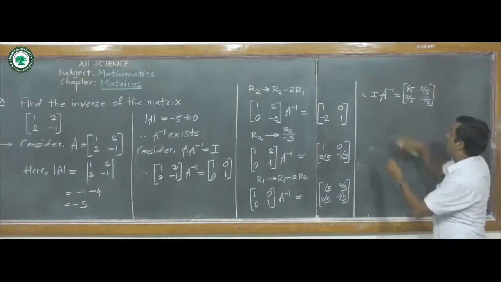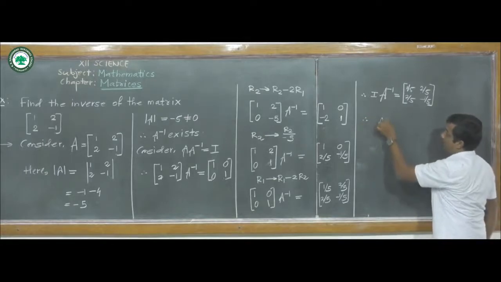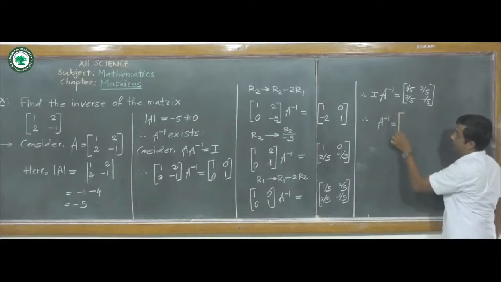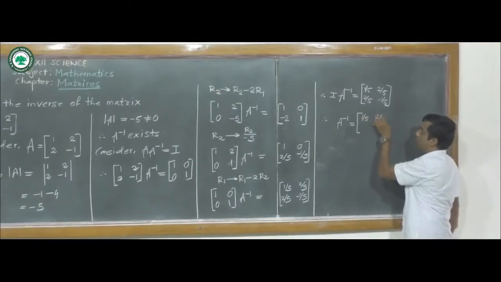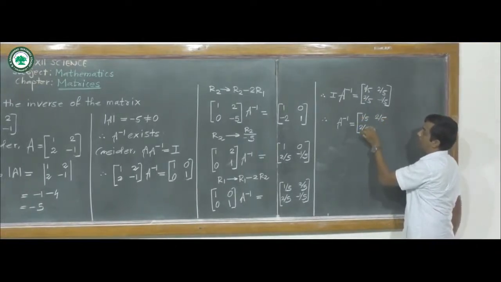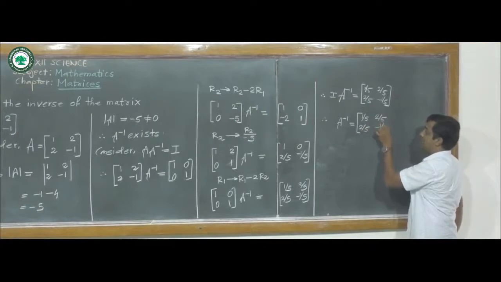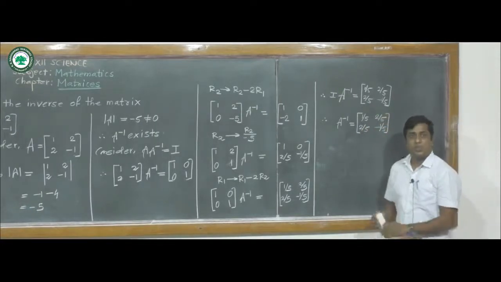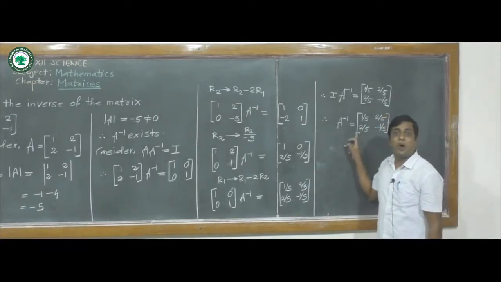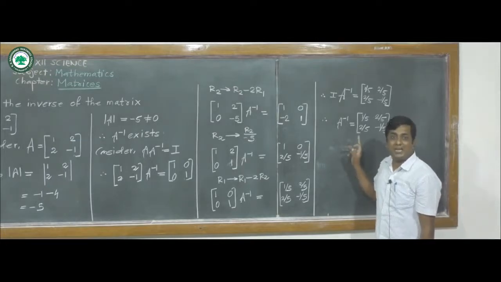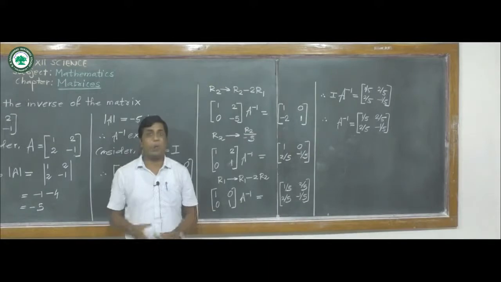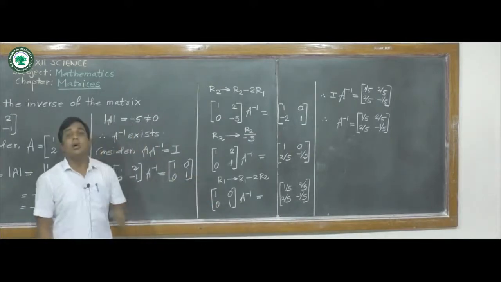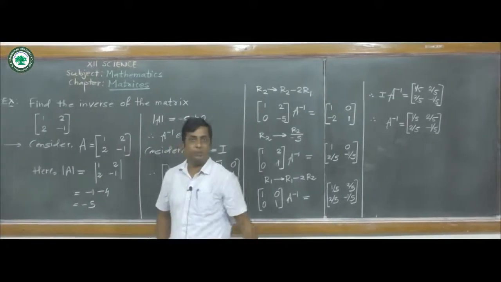And we know I into A inverse is A inverse, having elements again 1 upon 5, 2 upon 5, 2 upon 5, and lastly minus 1 upon 5. So this is the inverse of the given matrix A, and we find this inverse by using elementary transformation, that is, by using row transformation.